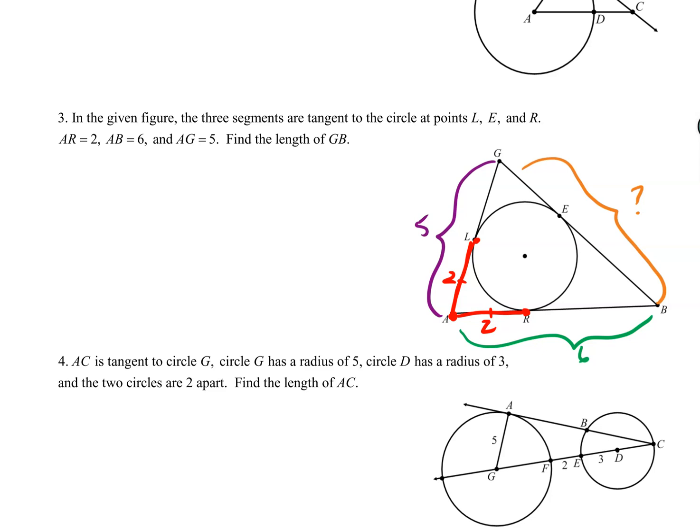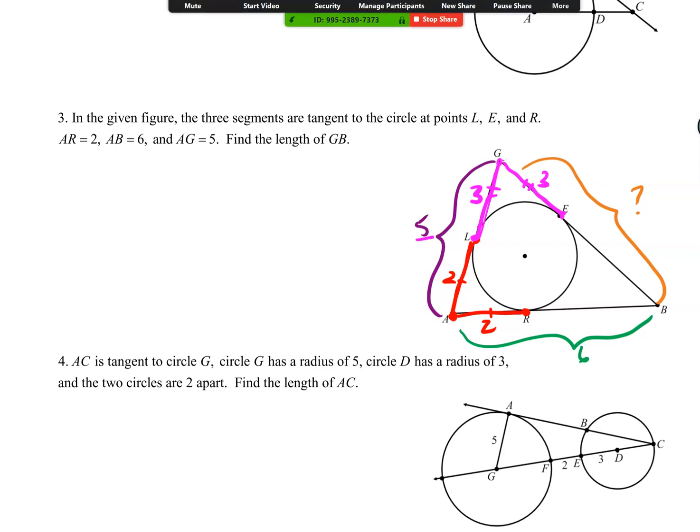Well, if this part's 2 and the whole thing AG is 5, then this portion must be 3, because 2 plus 3 has to equal 5. Well, G to L was a tangent line also, and G to E is a tangent line. So if I have two tangent lines coming from the same point, these must be equal. So if this is 3, then this is 3.